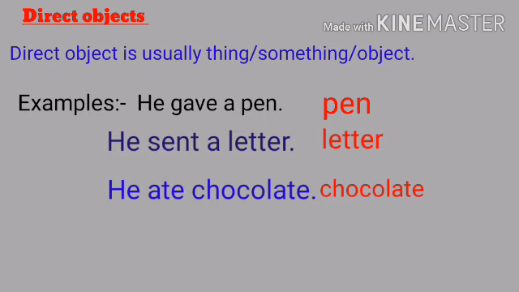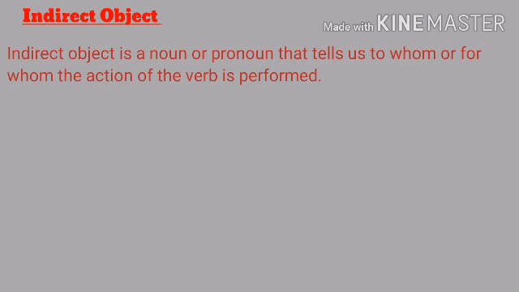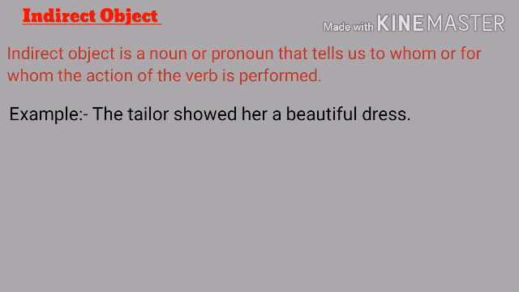Now let us understand the indirect object. The indirect object is a noun or pronoun that tells us to whom or for whom the action of the verb is performed. For example, the tailor showed her a beautiful dress.